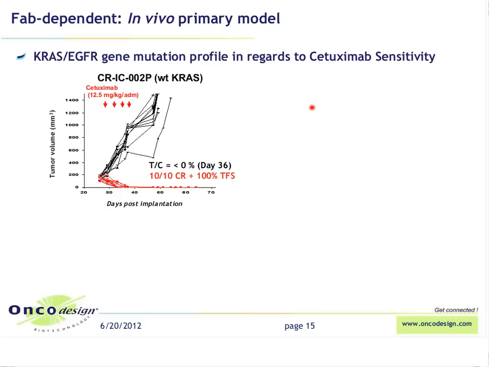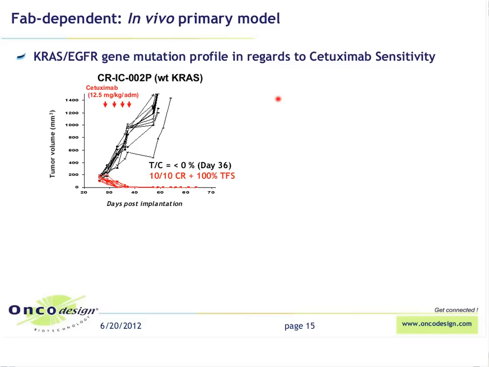Another type of model is the use of patient-derived models, and in this case it is a colorectal primary model, where we analyze the cetuximab efficacy in respect to the KRAS mutation.